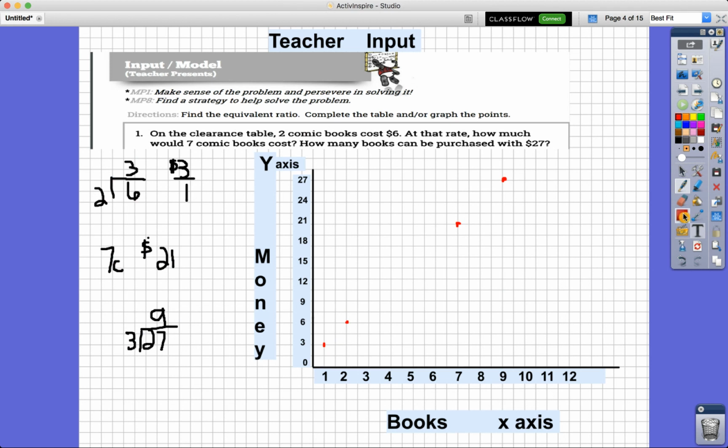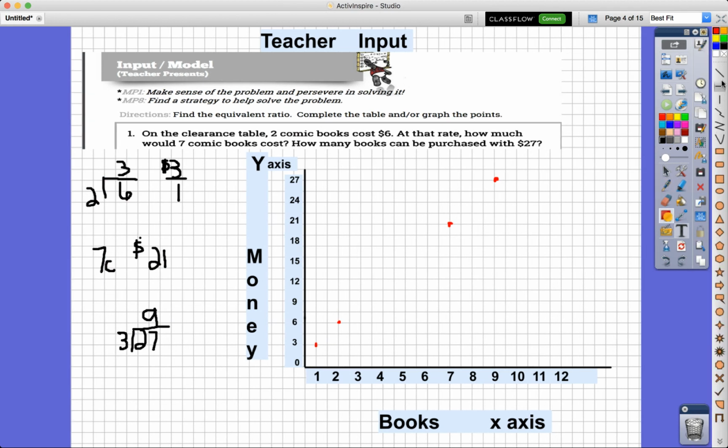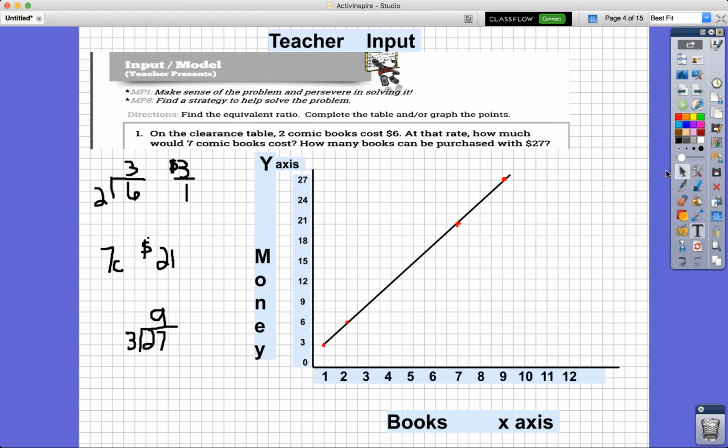Now, I can take a look at these coordinate points, and I can draw a diagonal line through all of them. And all of these points will lie on that diagonal line. This is what's known as a linear equation.